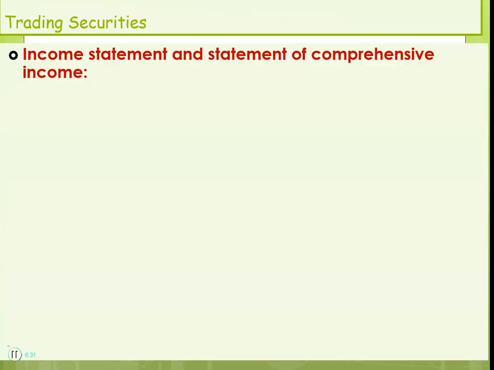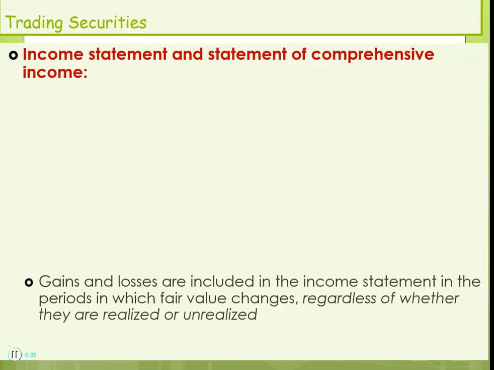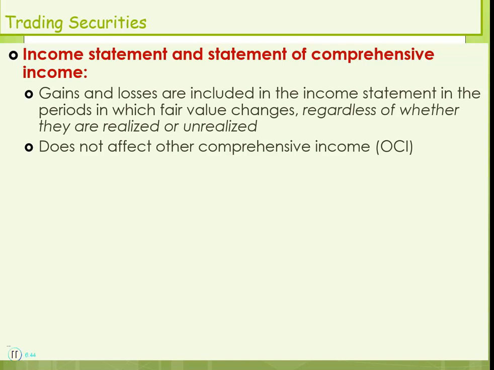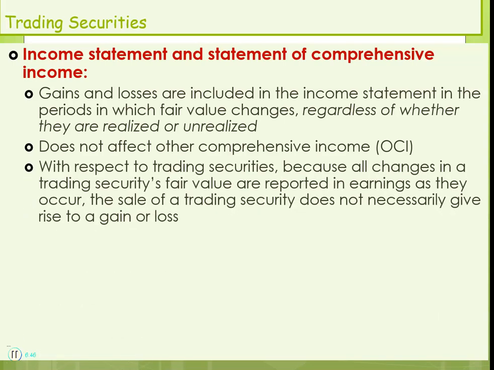Trading securities. Income statement and statement of comprehensive income: gains and losses are included in the income statement in the periods in which their fair value changes, regardless of whether they are realized or unrealized. It does not affect other comprehensive income.